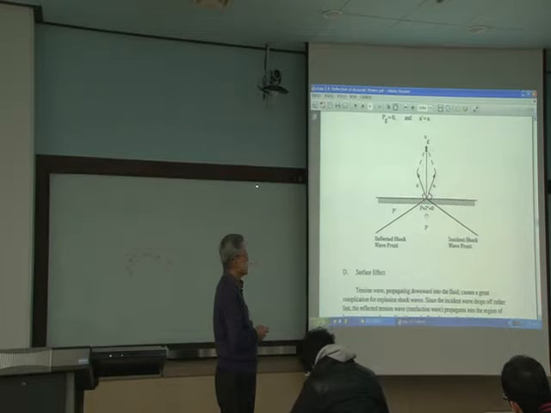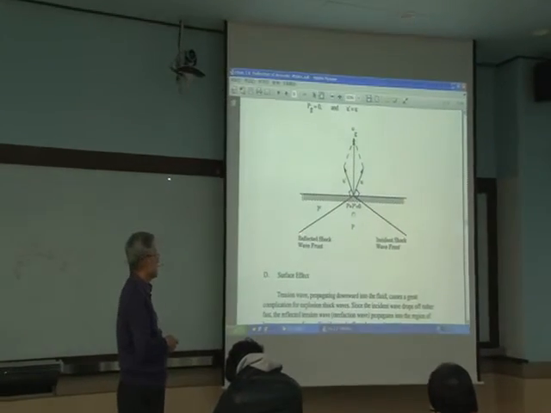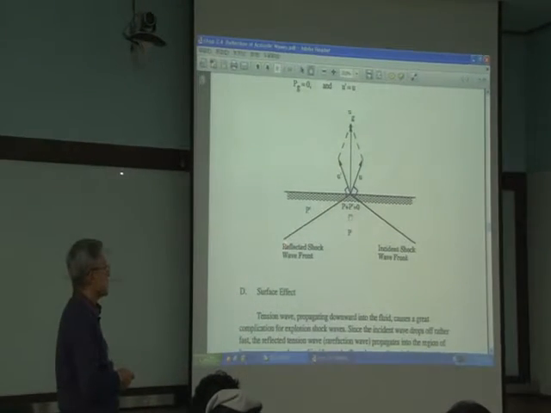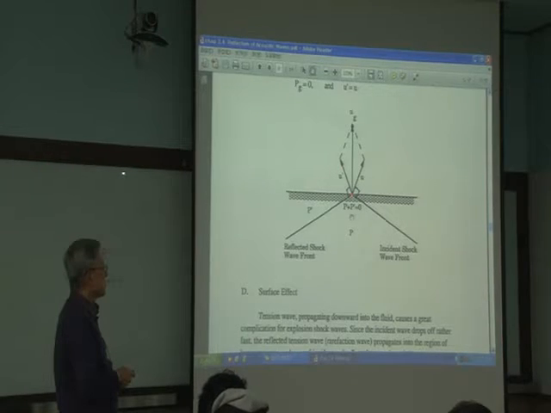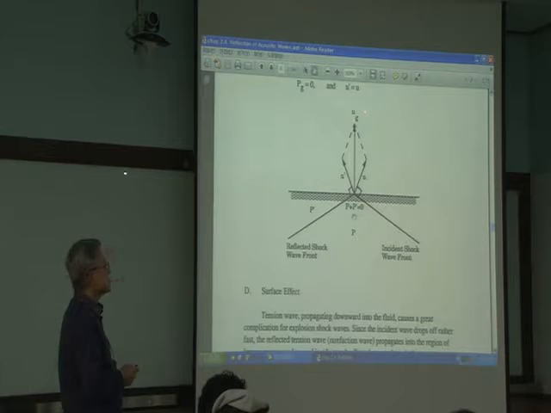This is fluid particle velocity right here due to the incident shock wave. This guy is due to the reflection shock wave, and the fluid particle right here tries to move in that direction, at the same time moves in that direction. So the resultant velocity vector is almost in the vertically upward direction.